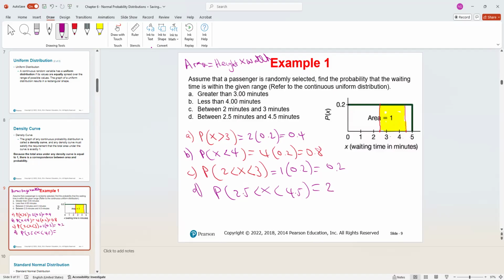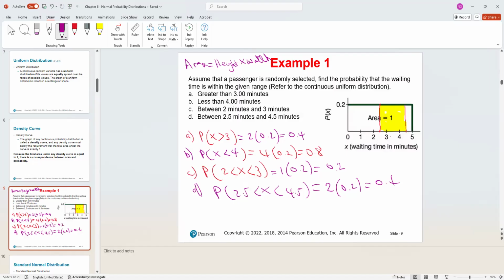So we know this would be 2 times 0.2, which again is 0.4. That's how I do this one, to show you that if your shape is kind of uniform, it makes it very easy for you to use those known formulas.